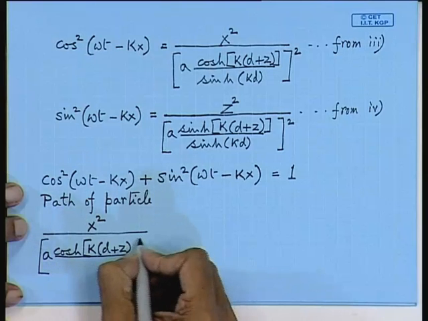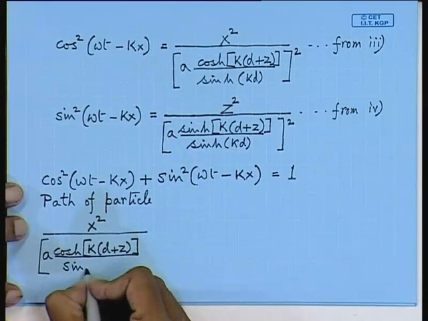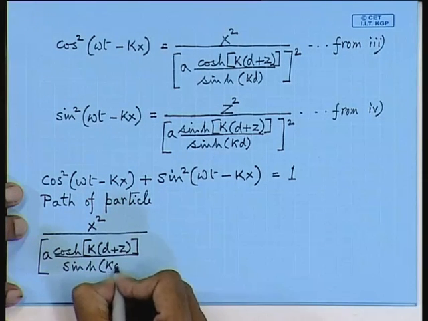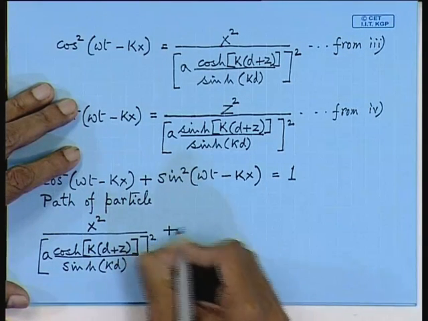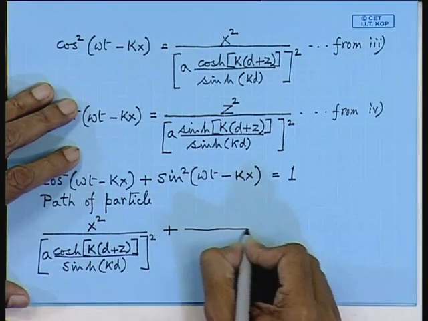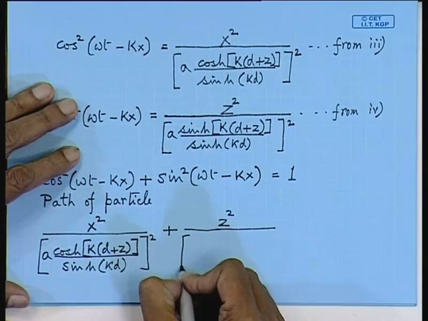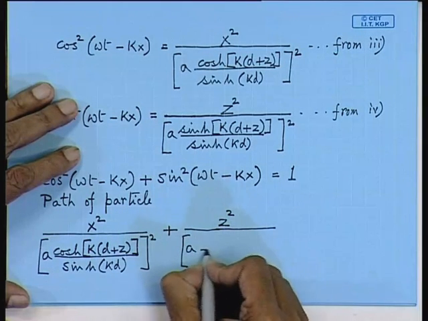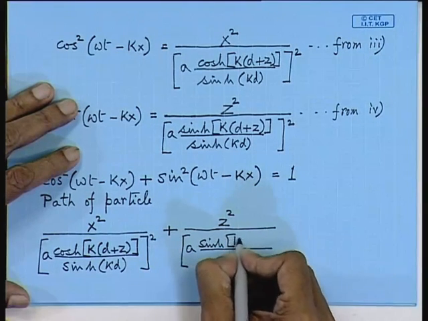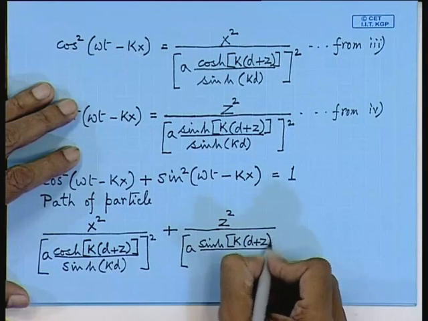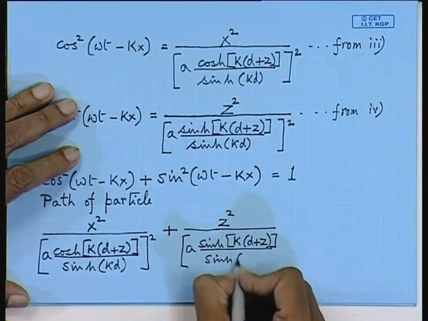So, now you can recognize what the particle path is. k(d plus z), over sinh kd.